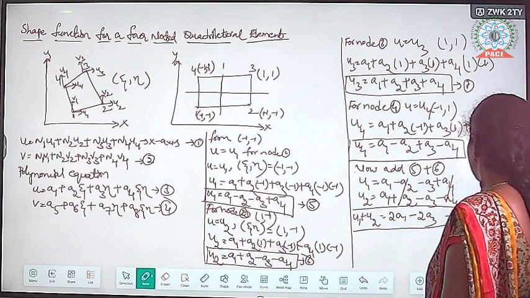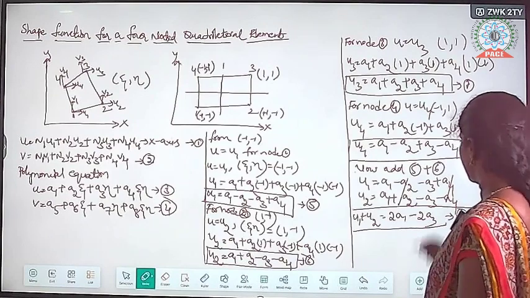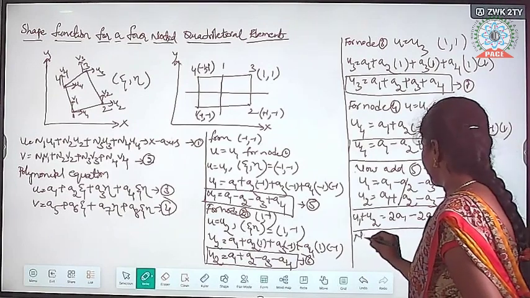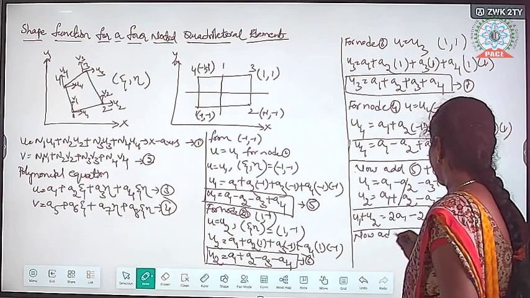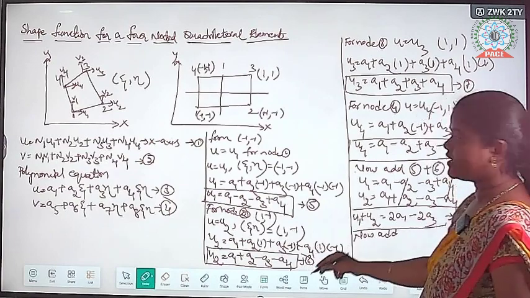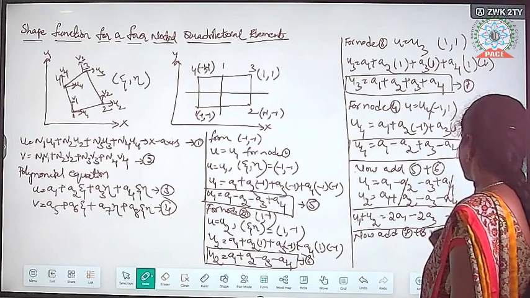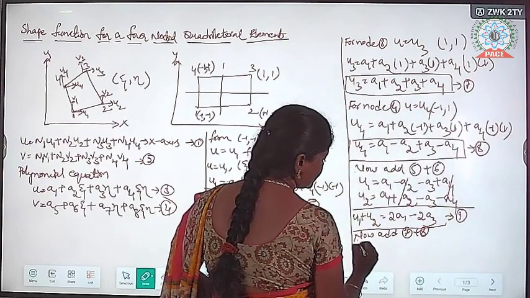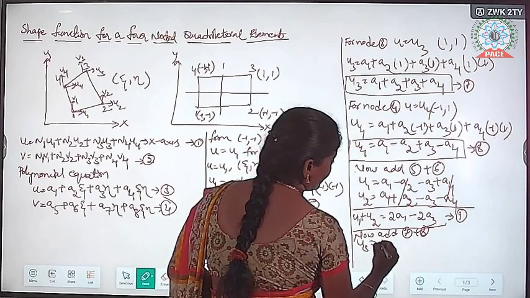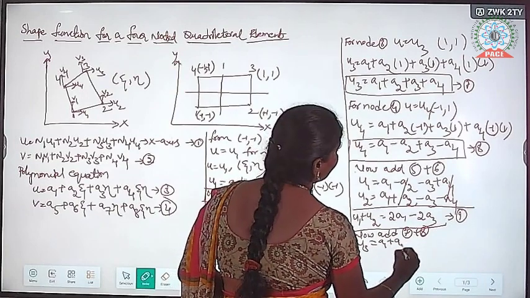Okay, now we add 5 and 6. Next again 7 and 8. Now add 7 plus 8 equations. U3 is equal to a1 plus a2 plus a3 plus a4.